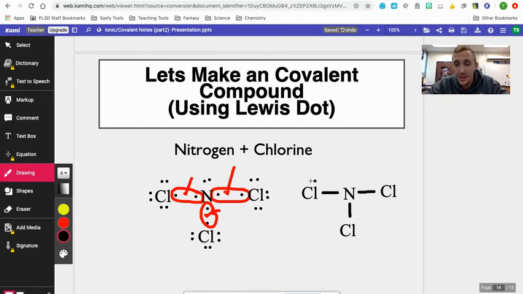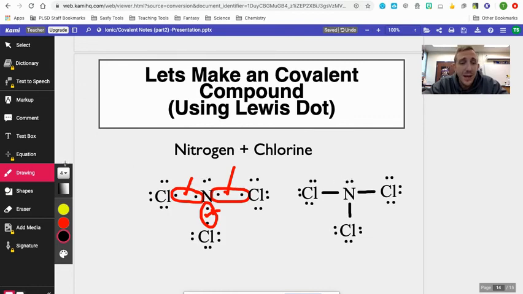So this chlorine has its lone pairs. This chlorine also has 3 pairs of electrons. This chlorine over here also has 3 pairs. And this nitrogen has 1 pair of electrons.